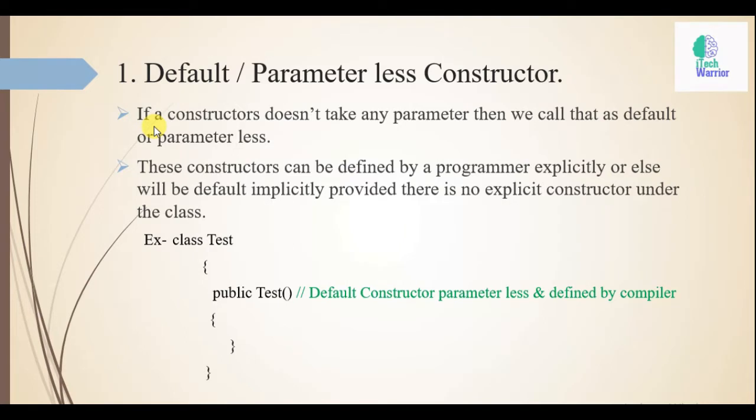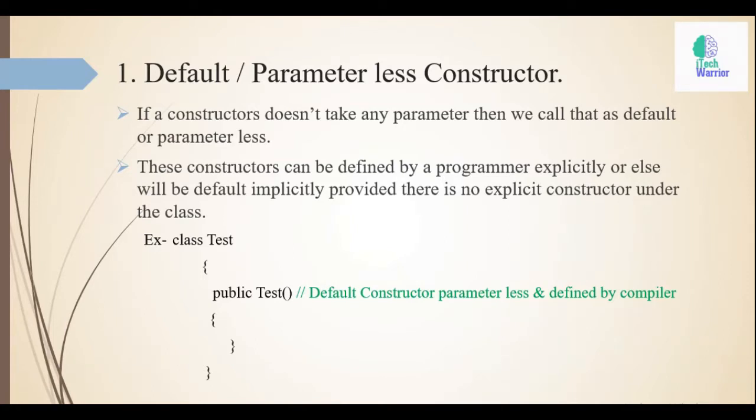If this constructor is created by the programmer, here the programmer has two choices: declaration with parameters and parameter-less. Now we call that an explicit constructor. And if the programmer does not create this constructor, then the compiler will create the constructor on behalf of the programmer.